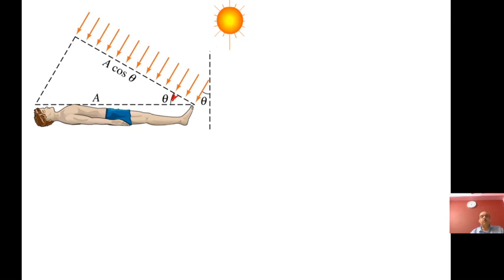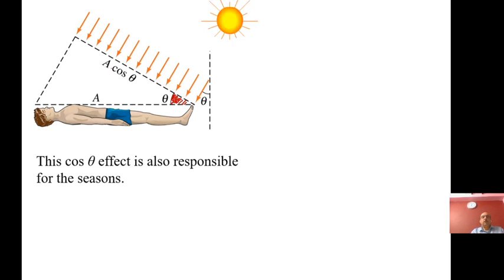If the area of the person is A, then the area perpendicular to the radiation will be A cos theta. This A cos theta part is also responsible for the season.